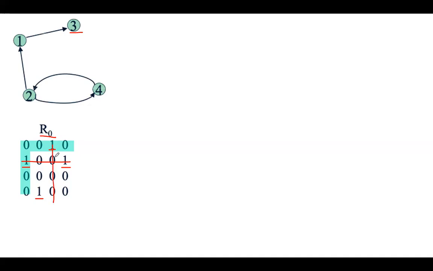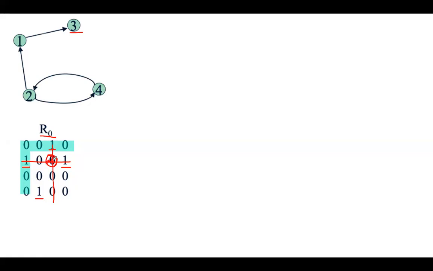At the intersecting point, here it will become 1. You have to consider the first column and first row, and where these two ones are present: one is at the third column, one is at the second row, and they intersect at this point.